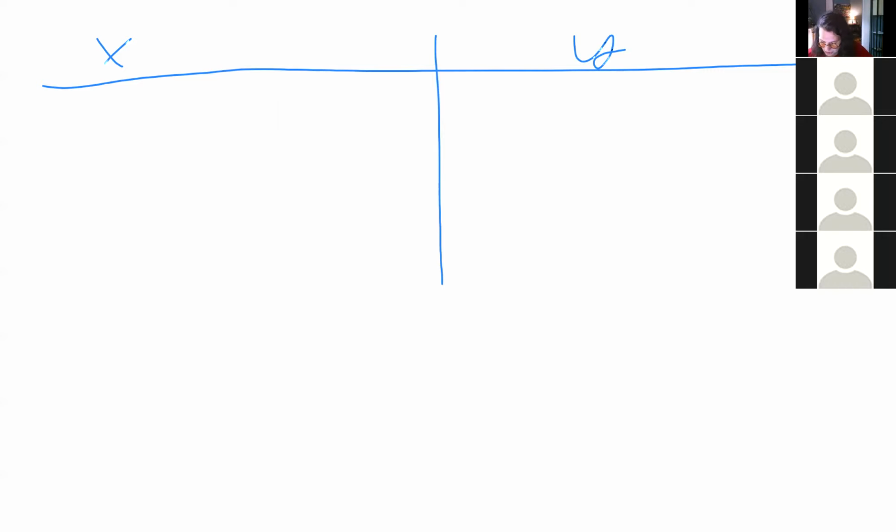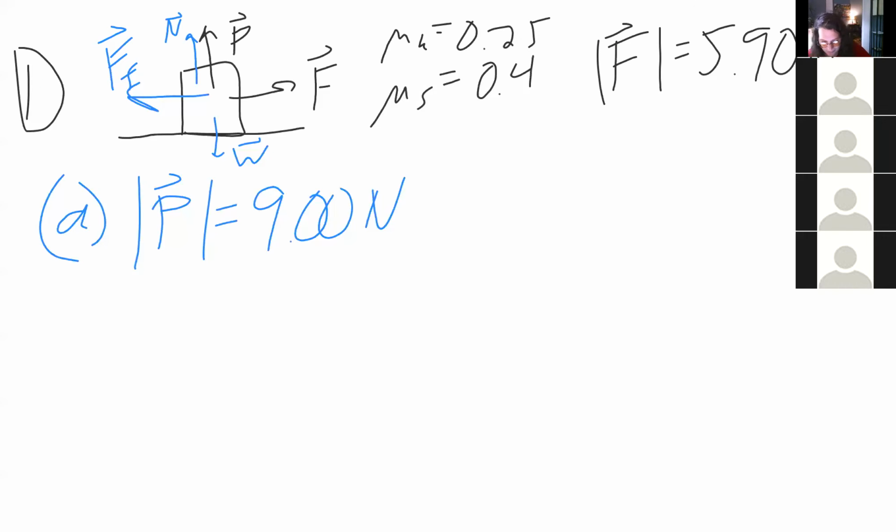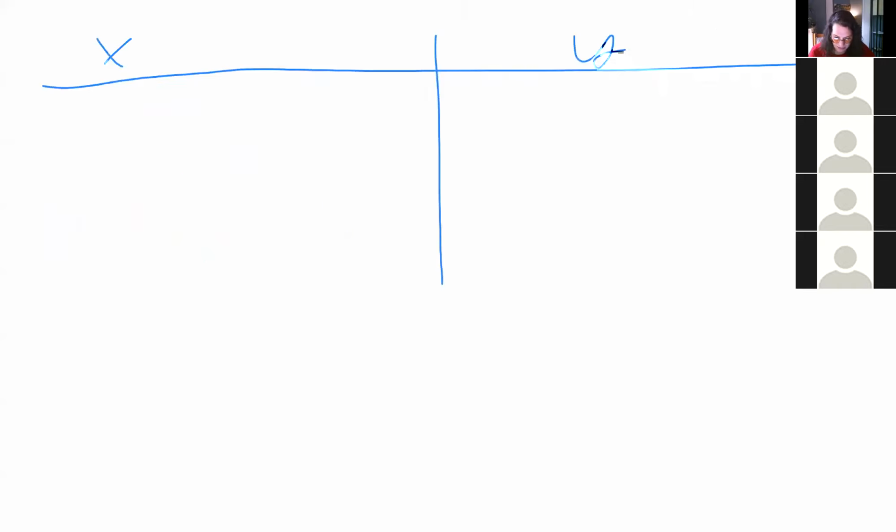So this is just a way of splitting up this problem. If I were to take this problem here and only look at what's going on in the x direction, I just have my applied force to the right, and I have the frictional force to the left.